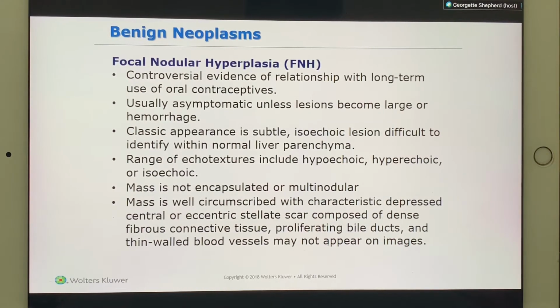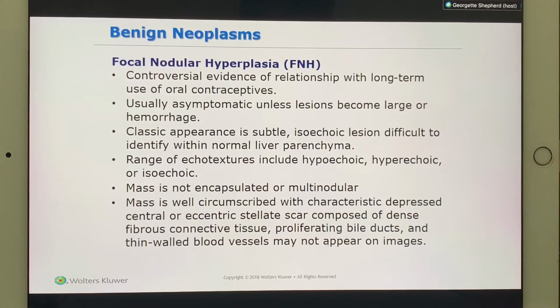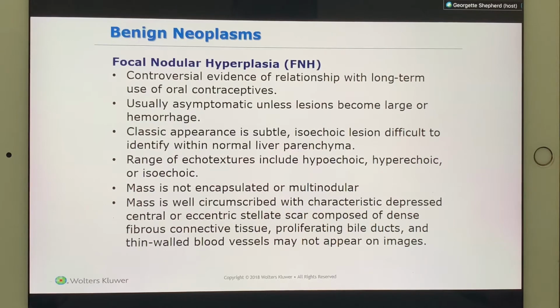And they're usually going to be an isoechoic lesion that's going to be difficult to identify in liver parenchyma because it is isoechoic. But it can have a multitude of echo textures, including hypoechoic, hyperechoic, and isoechoic. It's not going to be encapsulated.